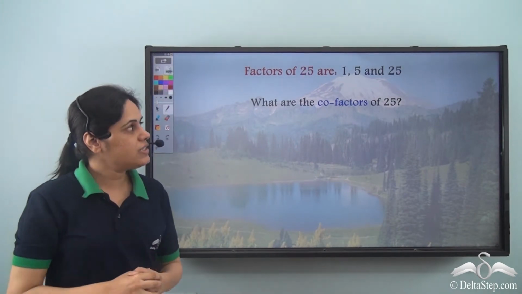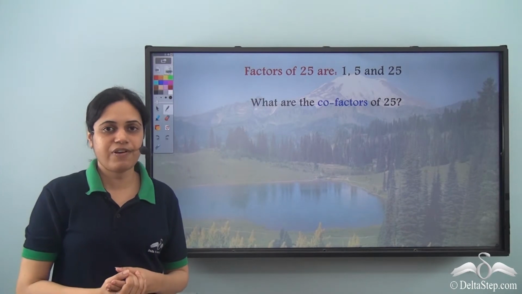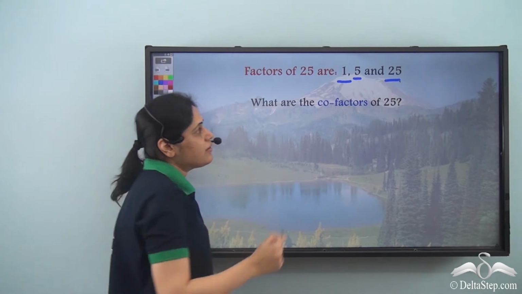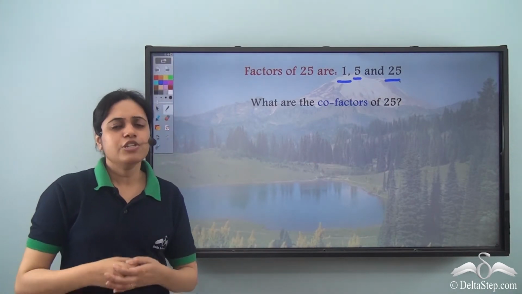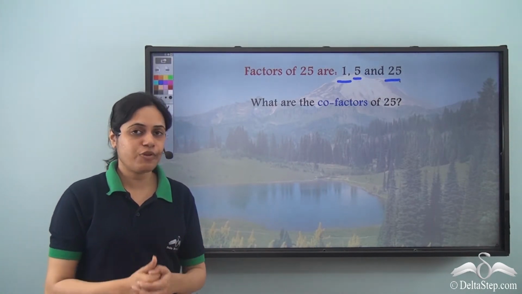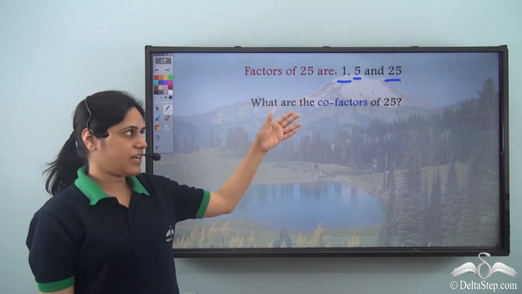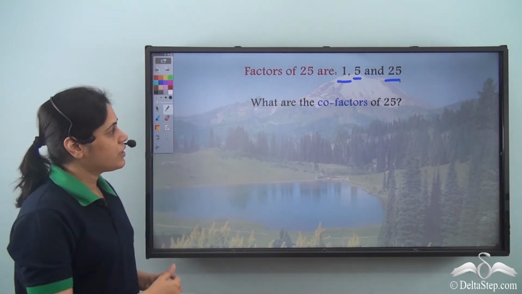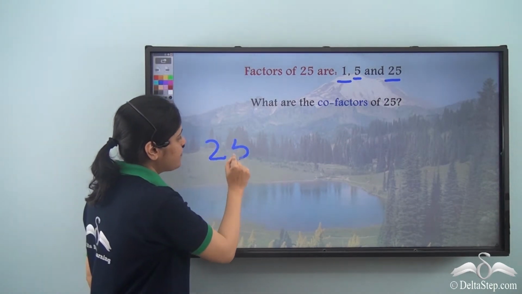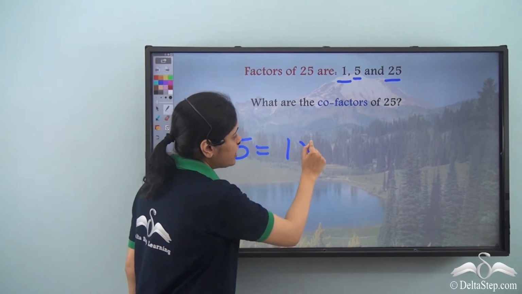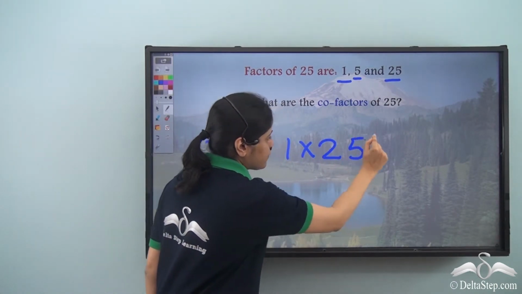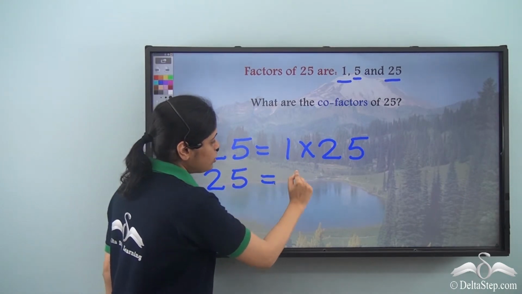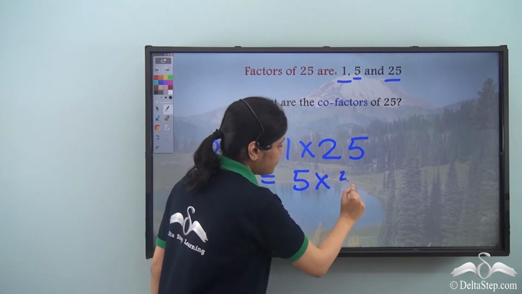Now let us find the cofactors of 25. It is given that the factors of 25 are 1, 5 and 25. If you actually find out the factors of 25, you will see that the factors are 1, 5 and 25. What are the cofactors? So 25 is 1 into 25 and 25 is also 5 into 5.